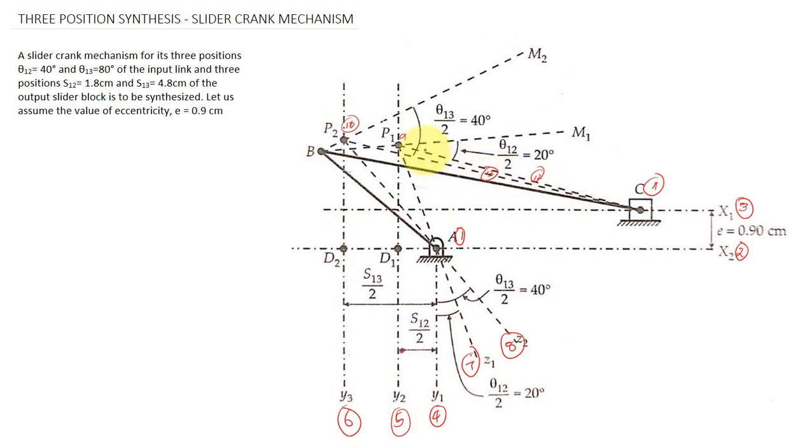From P1C, you have to draw the line M1 at an angle of theta 12 by 2. Then you have to draw the line M2 at an angle of theta 13 by 2 from the line P2C. These lines M2 and M1 will meet at a common point, which is B, your required endpoint of the crank. After that you can draw the crank, which is AB, and the connecting rod BC.